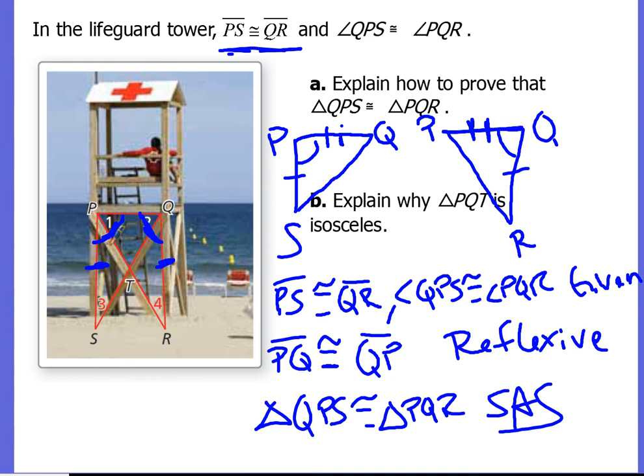And if angle 1 and angle 2 are congruent to one another, then we end up having our converse to the base angles theorem, letting us know that QT and PT are congruent as well.